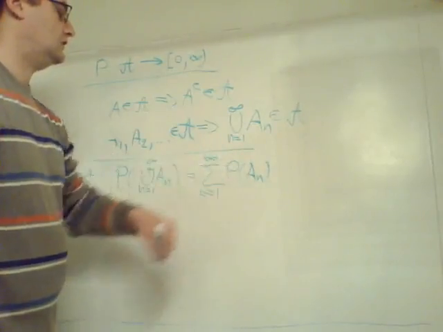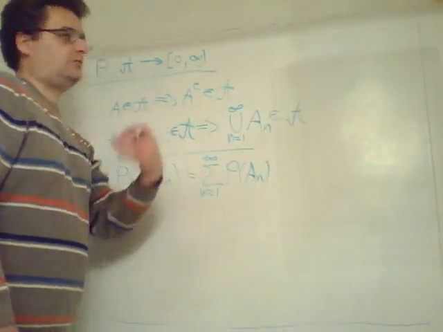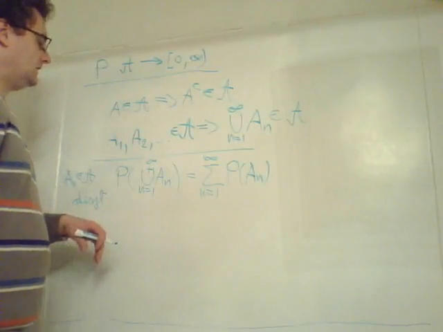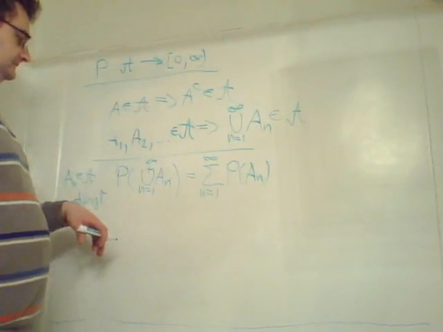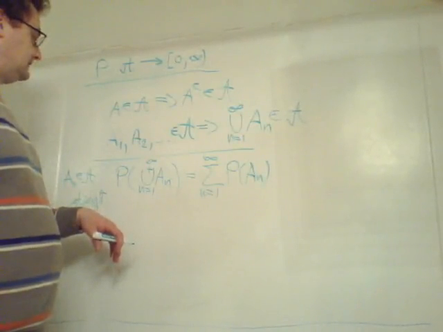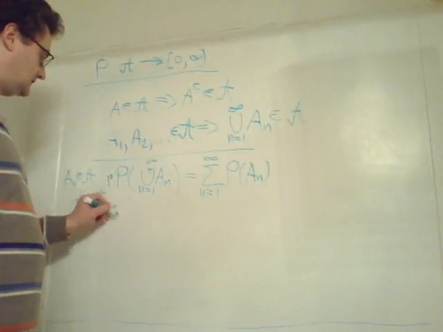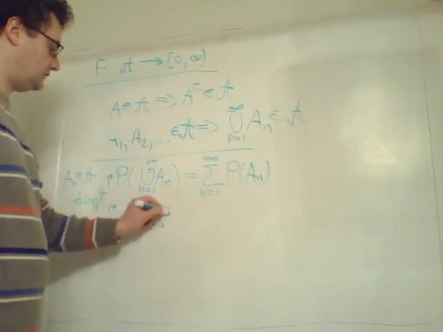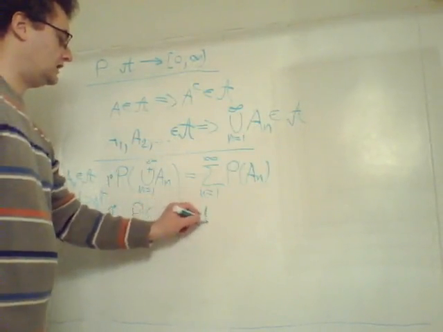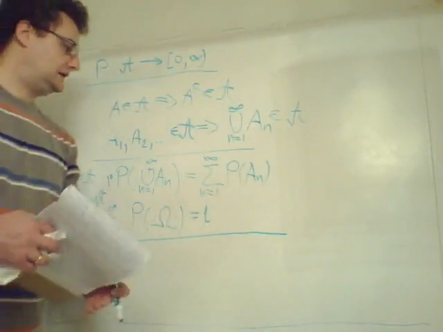And we had one such example. It's actually probability of I win, or probability that you win. Okay, and so that's one requirement. The other requirement is that P of omega is 1. Alright, that's what we had.